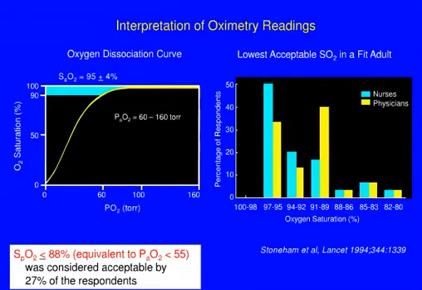Here you see on the right the lowest acceptable saturation in a fit adult: an SpO2 of less than 88%, which is a PO2 of less than 55, was considered acceptable by 27% of the respondents. So there's clearly a problem with knowledge with something as simple as the pulse ox.